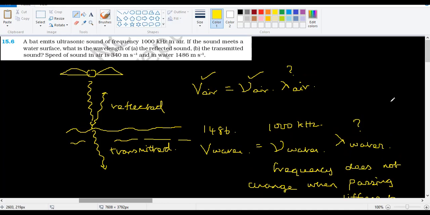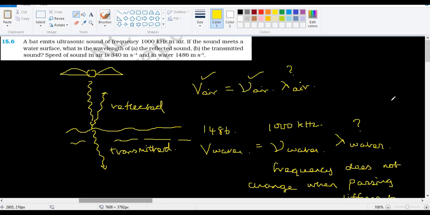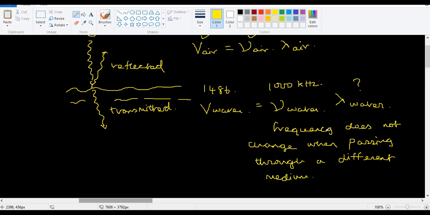So copy it, very easy problems. If you get this in the exams, you can easily score marks.